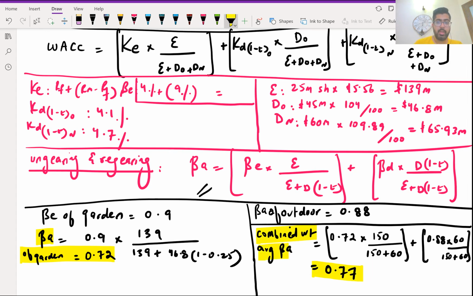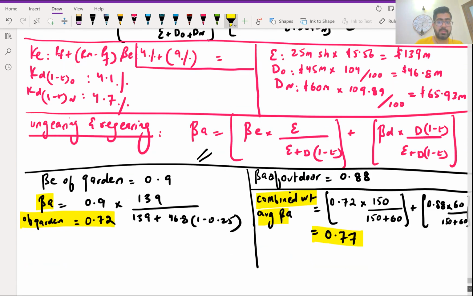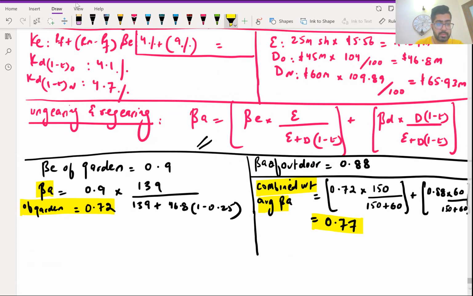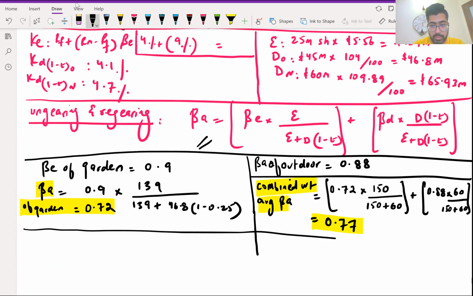Once you have the combined weighted average beta asset, this weighted average beta asset represents both units. Why did I do this? Many people ask. Because when I'm adding some new things in the company, I have to do ungearing and regearing. In ungearing, I need beta asset, but I need a combined beta asset because now the company is based on 2 units, garden and outdoor.